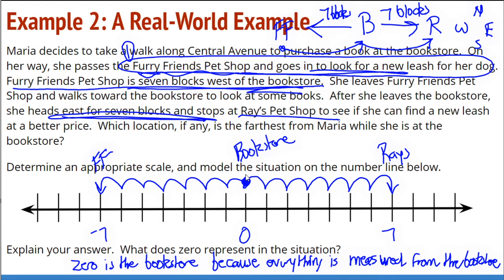So which location is the farthest from Maria while she's at the bookstore? Well, they're both the same distance from her, so neither of them is farthest away. Matter of fact, they're just the same distance in opposite directions, opposite numbers.